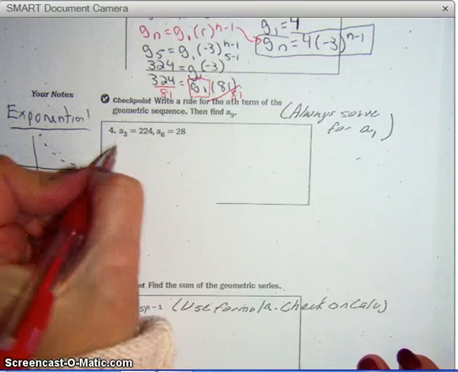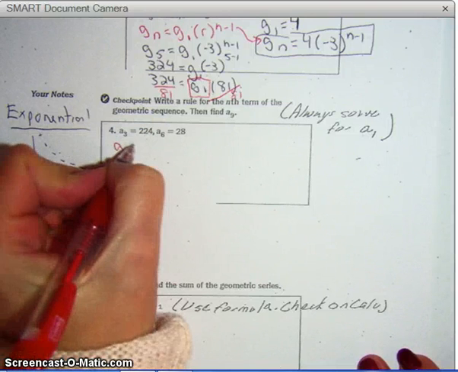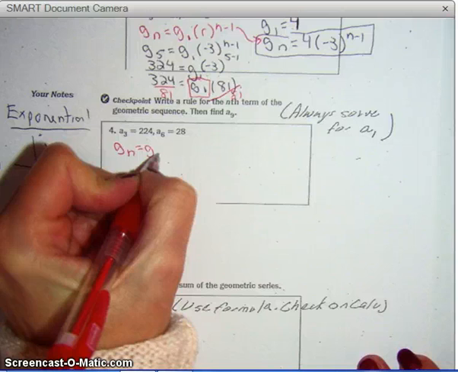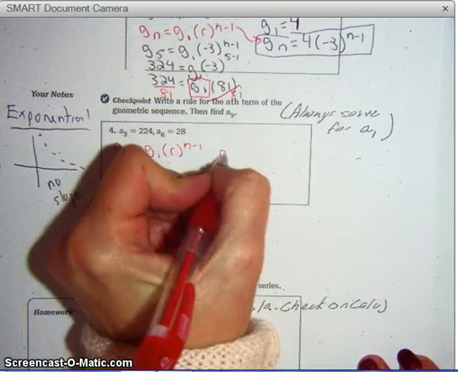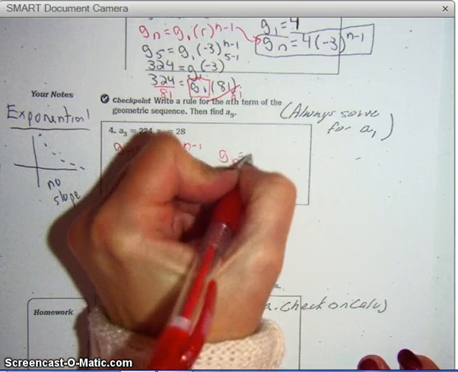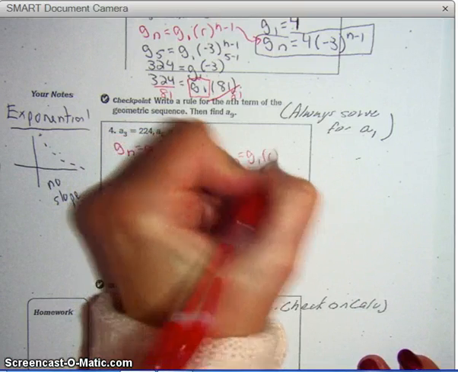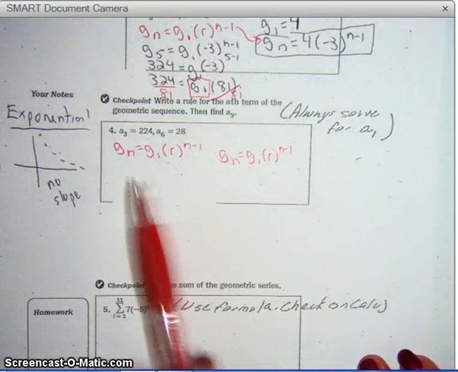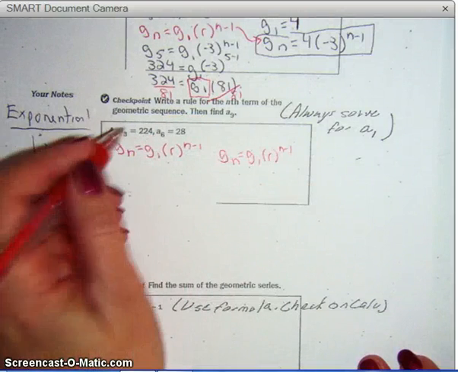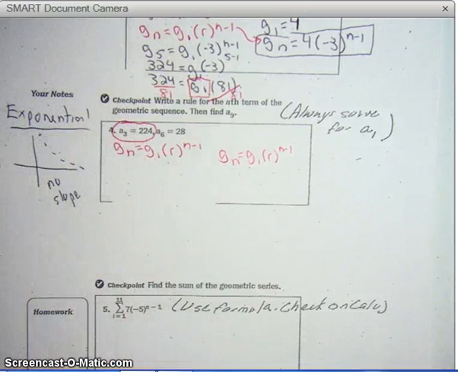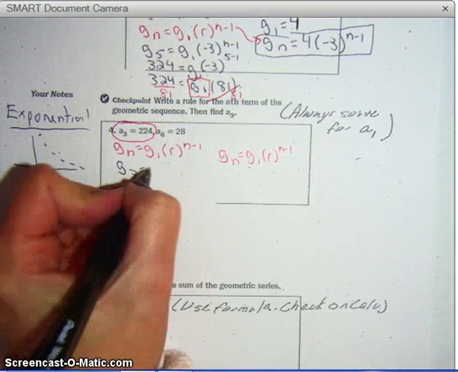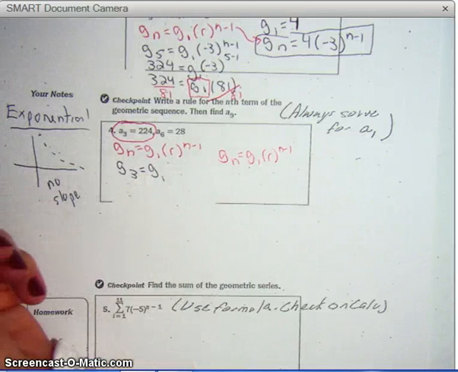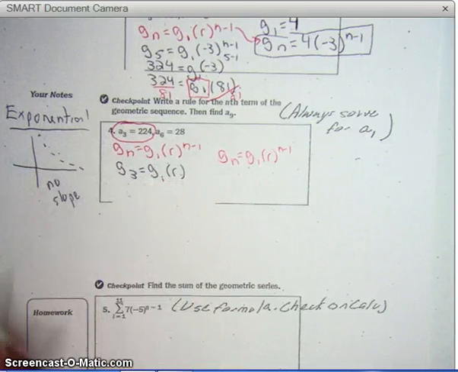So all we can do is take g sub n equals g sub 1 times r to the n minus 1, and do it twice. What I mean by saying do it twice is first do an expression for g sub 3. So g sub 3 equals g sub 1 times r.